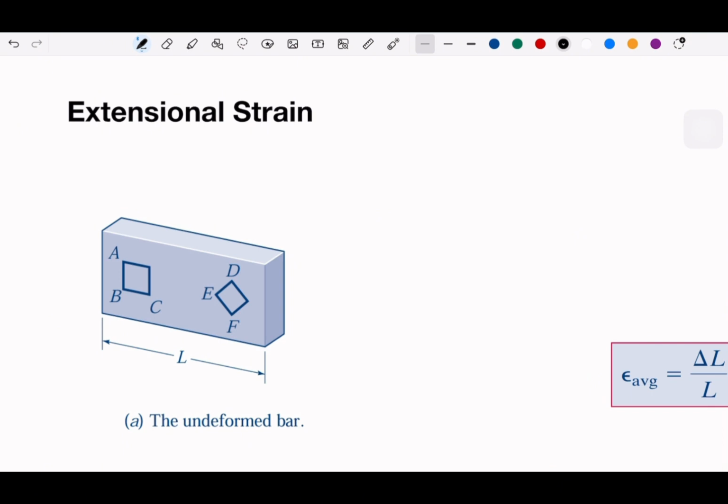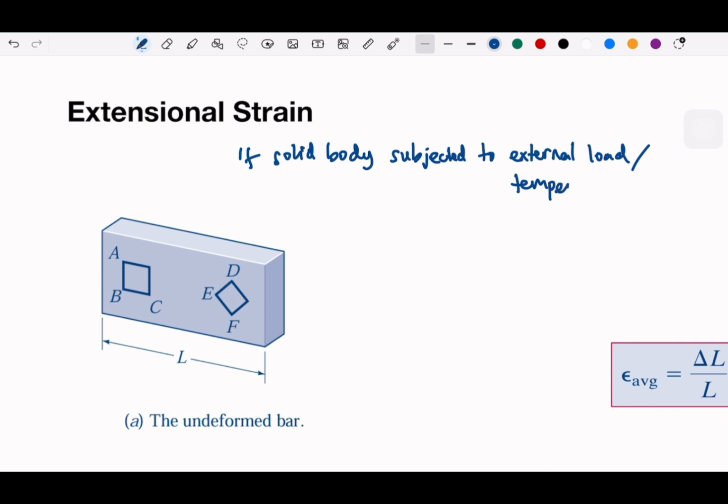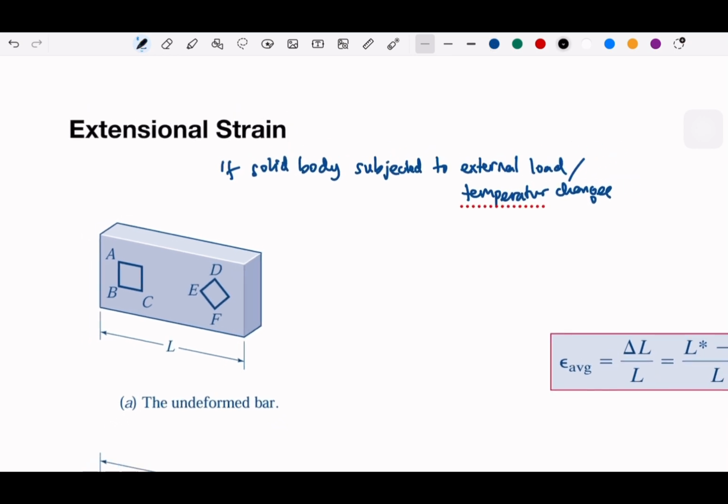So if a solid body is subjected to external load or temperature changes, the key point here is it can deform.